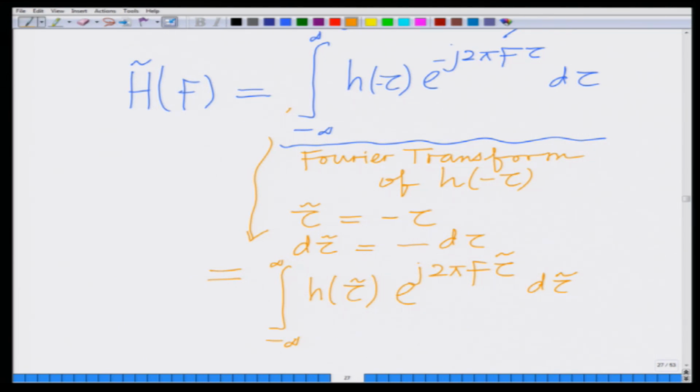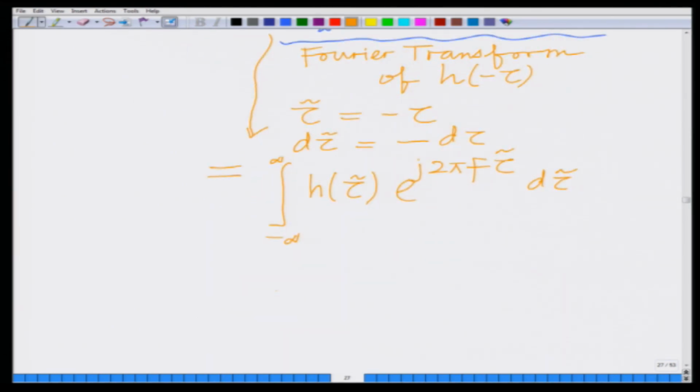So, this minus sign will go to the limits, and the limits will again become minus infinity to infinity. And therefore, now I have h tilde of f equal to this quantity.